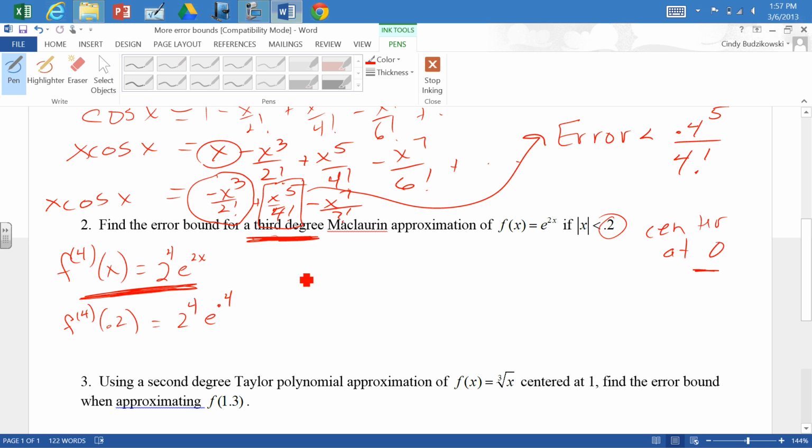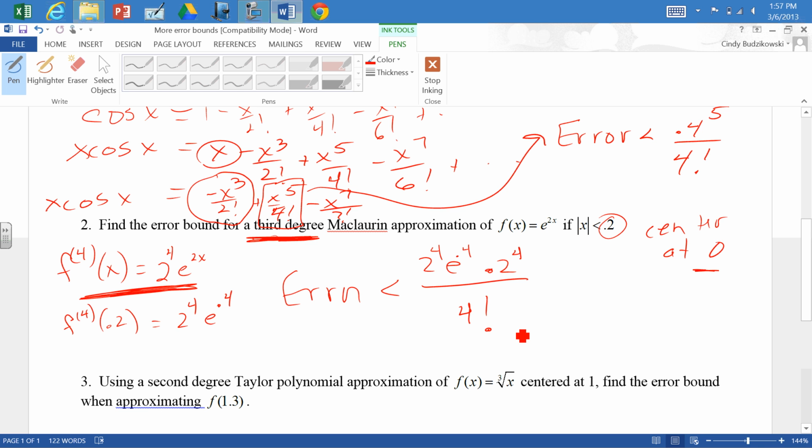My error then will be less than 2 to the fourth times e to the 0.4, times x to the fourth over 4 factorial, so 0.2 to the fourth over 4 factorial.